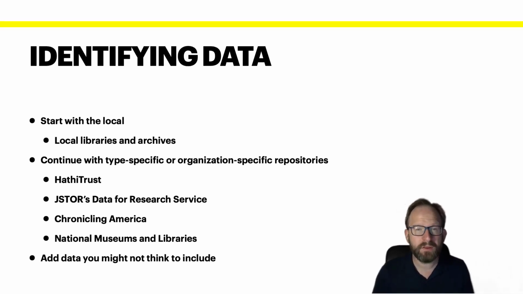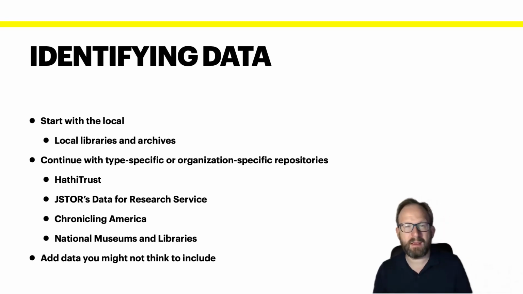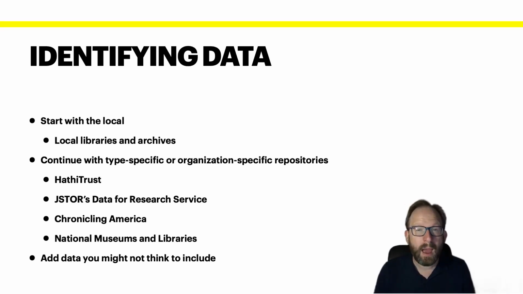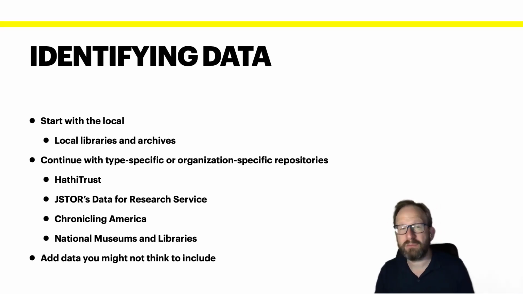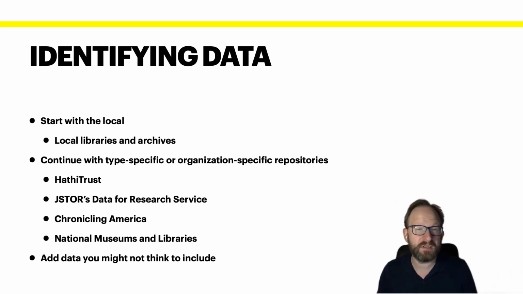So, with all this in mind, let's get started with advice on how to identify your data. And the first thing is very simple, start with the local. And by that, I don't necessarily mean where you live, although it might be a library or archive that is in close proximity to you. But what I'm actually referring to here is start with archives, museums, or groups that are local to your particular humanities research questions.